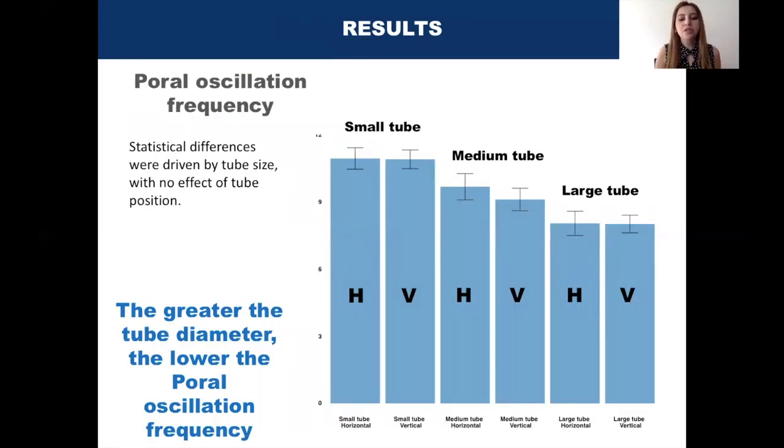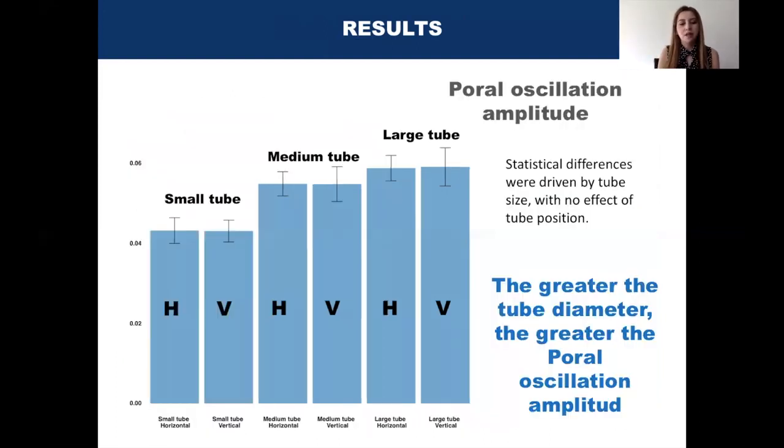Regarding oral pressure oscillation frequency, statistical differences were driven by tube size with no effect of tube position. We found that the greater the tube diameter, the lower the oral pressure oscillation frequency. About oral pressure oscillation amplitude, statistical differences were driven by tube size with no effect of tube position. We found that the greater the tube diameter, the greater the oral pressure oscillation amplitude.